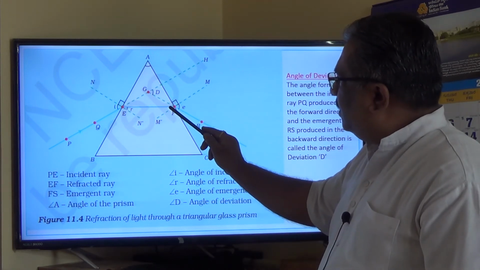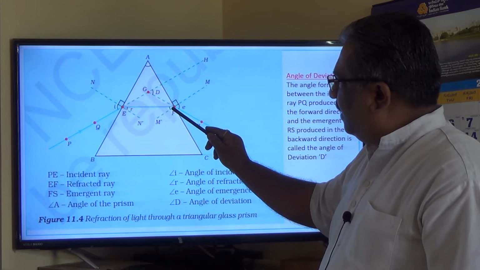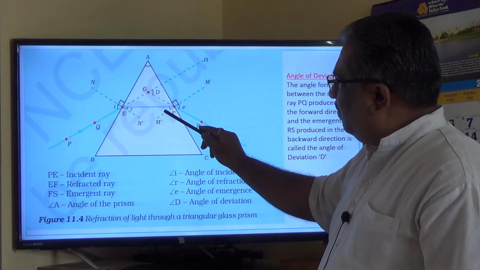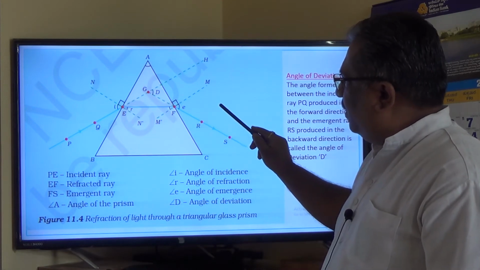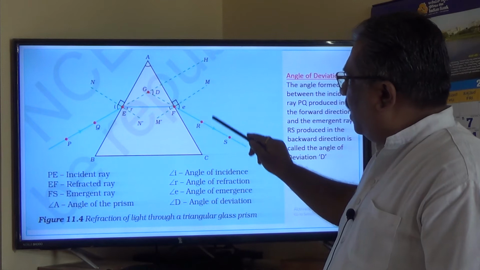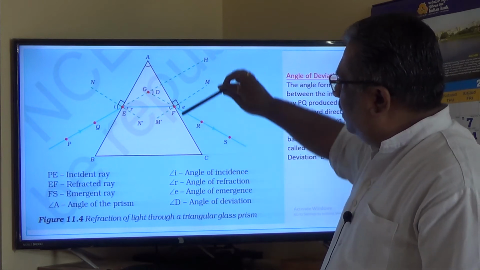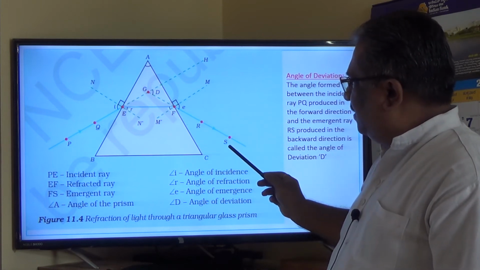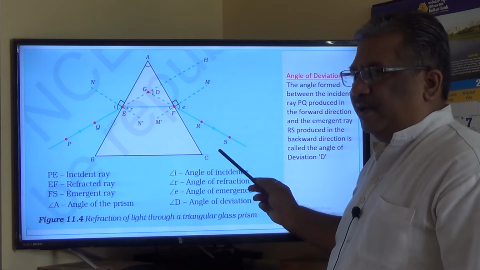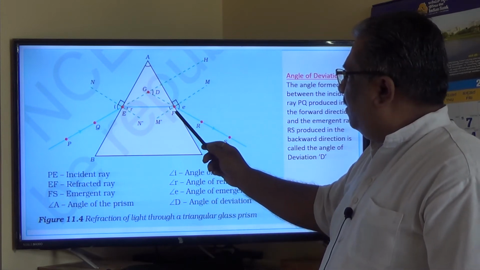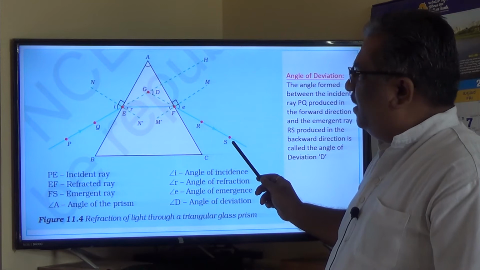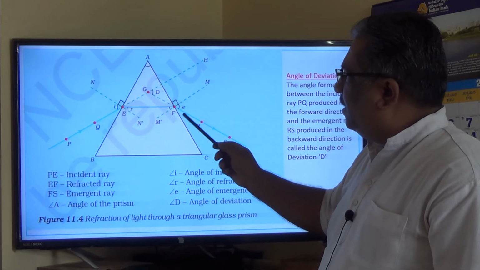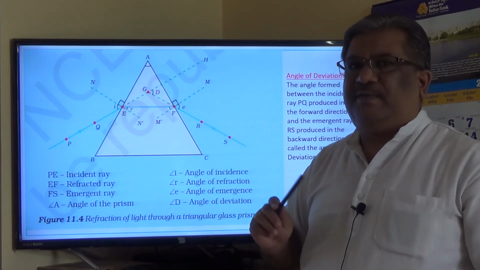So this red ray, instead of passing straight, is entering from the denser medium to the rarer medium, and therefore it is bending away from this normal. FS is the emergent ray over here, and FS, the emergent ray, is making angle e with respect to the normal M dash, and e is referred to as the angle of emergence.